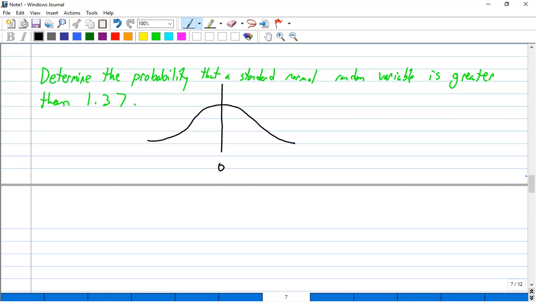The problem says, what's the probability that it's greater than 1.37? So if I made 1.27, and this is all guesstimations, I'm not being exact, but if I'm one standard deviation away about right here, then I'm going to draw it pretty much in about the same spot, just a little bit further over. So let's say that that's 1.37. Greater than is going to correspond to the area to the right.